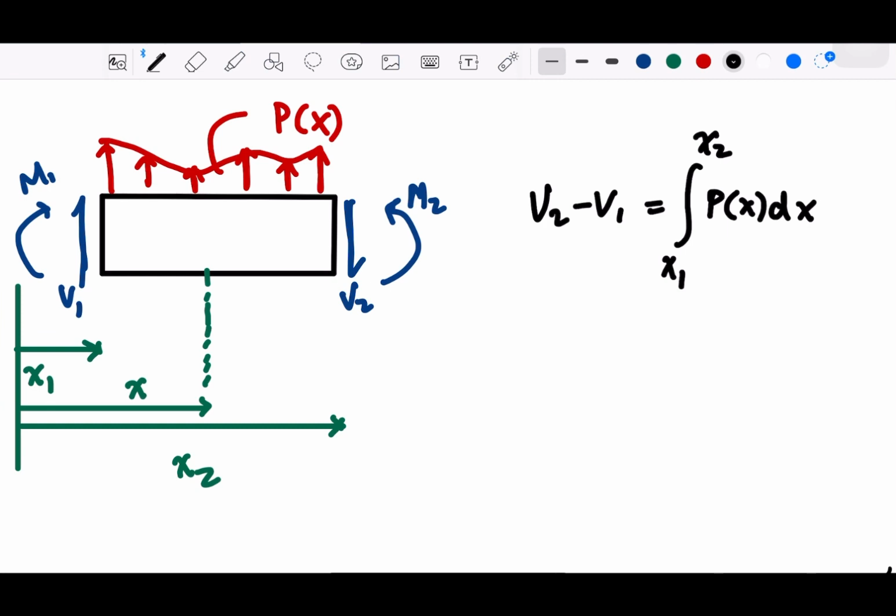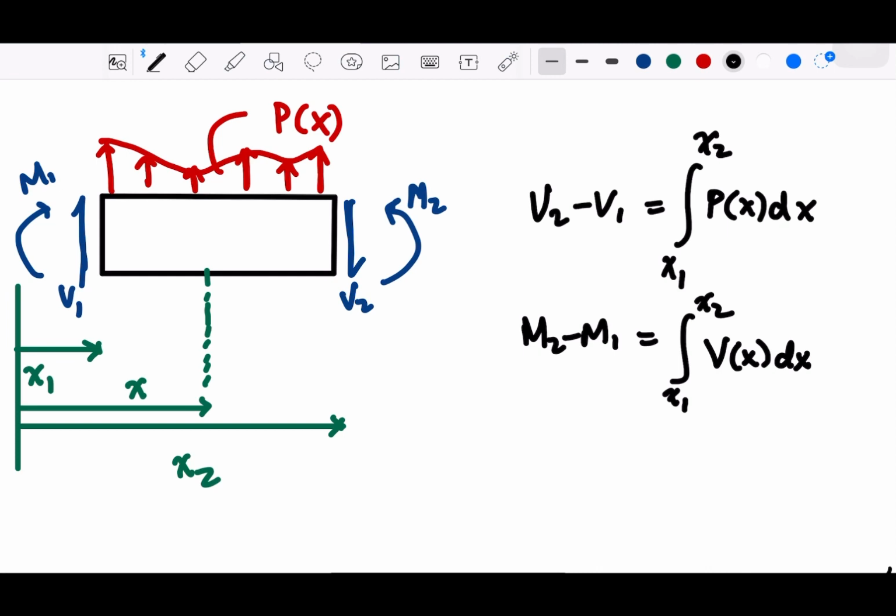And then we take the moment, and actually the moment is the integration of V. So let me write directly here that M2 minus M1 is the integral of V dx. So this gives a relation between V and M based on what we define with this integration.